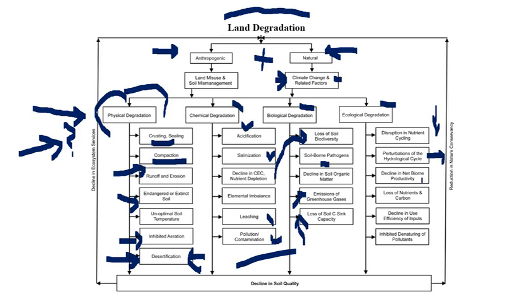There will be a change in the net primary productivity or biome productivity. Loss of nutrients is another issue as far as the ecology of the particular soil or land is concerned. There is inhibited denaturing of pollutants. Efficiency of inputs will decrease.